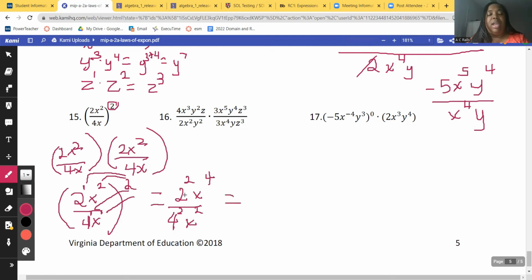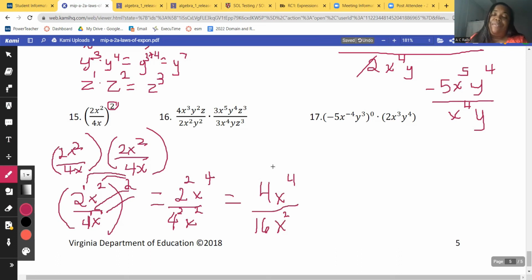So what does that look like? 2 squared becomes 4. x to the 4th is going to say x to the 4th. 4 squared becomes 16, because 4 times 4 is 16. And x squared is there. Now we have some simplification to do.